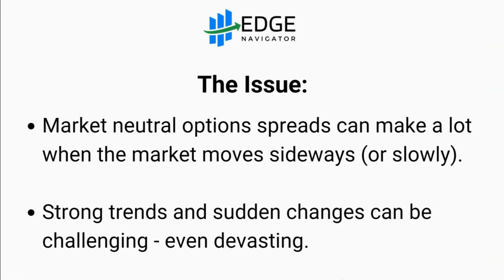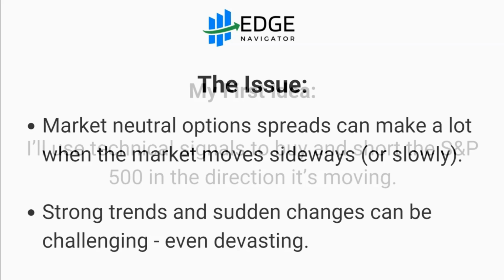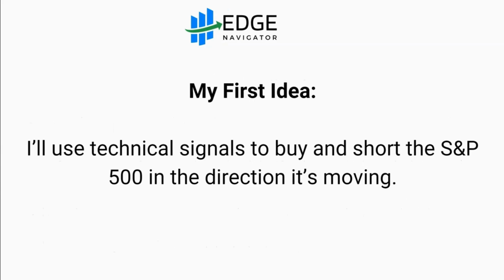Okay, so the issue: market neutral option spreads can make a lot when the market moves slow or sideways, and strong trends and sudden changes can be challenging, and depending on how large they are, could even be quite devastating. So my first idea when I wanted to control the risks better so I could trade bigger and bigger in this strategy is I thought I'll use technical signals to buy and short the S&P 500 in the direction that it's moving.